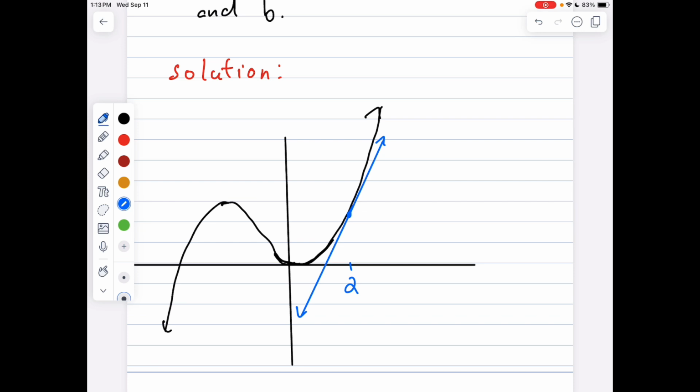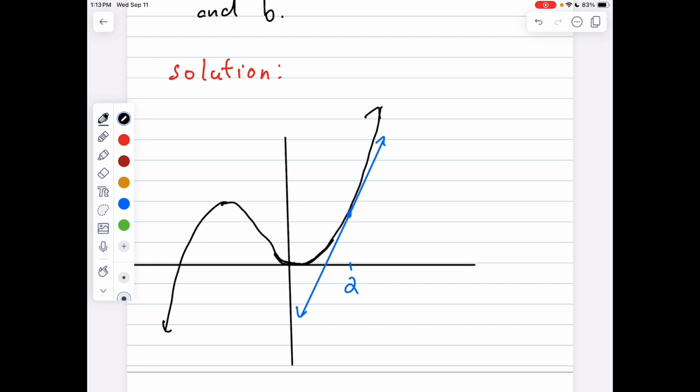Then in blue we have the tangent line of 3x minus 7, and it's tangent at x equals 2, so it basically just touches it at x equals 2. And what I want you to notice here is two pieces of information that we get, okay?